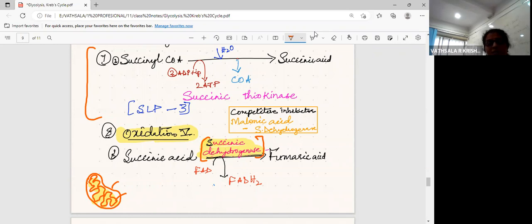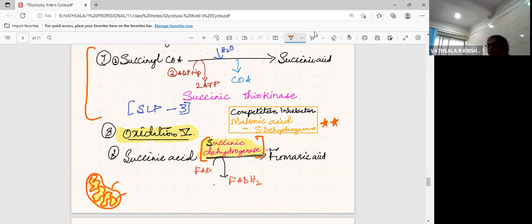This succinic dehydrogenase has an imitator of its substrate, which acts like succinic acid. That's called a competitive inhibitor, which looks like succinic acid, and that is malonic acid. This is an exclusive NEET question. Is it malic acid? No, malonic.